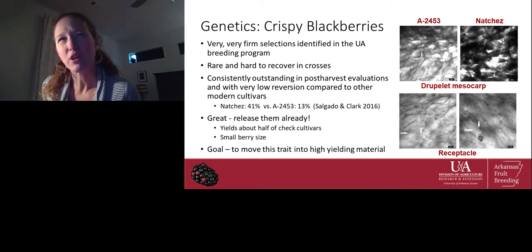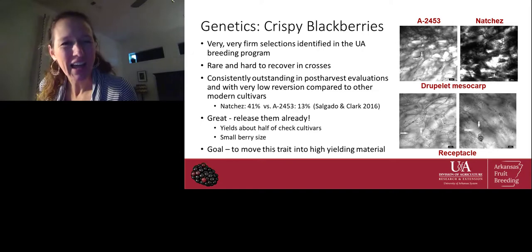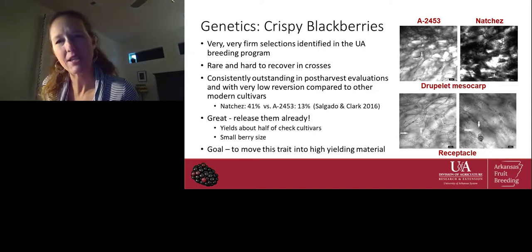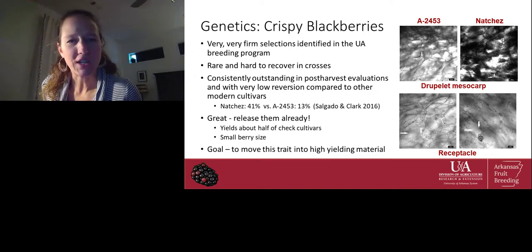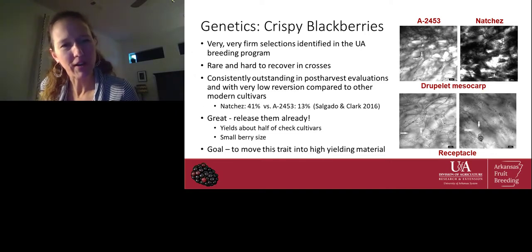It has a texture a little bit like a pomegranate aril. They're really an interesting texture and something that I like and that has generally been pretty well received by consumers and consumer panels that we run with food science too. They do outstanding in post-harvest evaluations, and they have very, very low reversion compared to other modern cultivars.